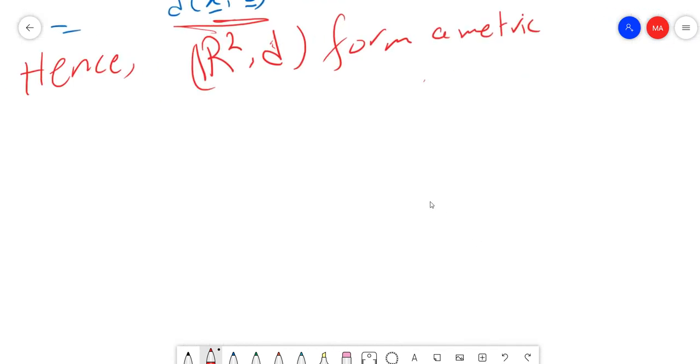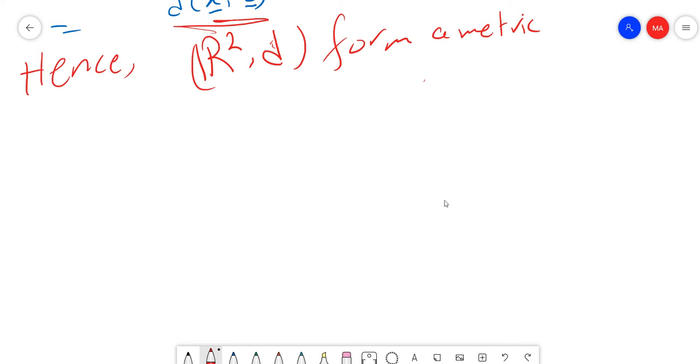This is an example of a two-dimensional space with the real metric. This is called the two-dimensional space in calculus.